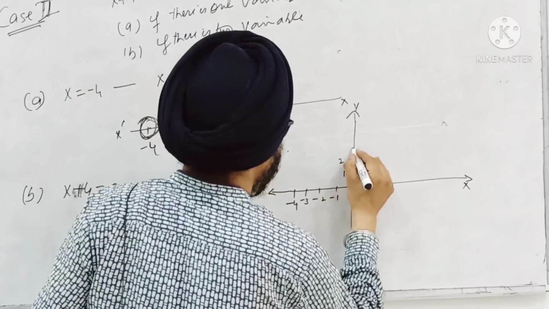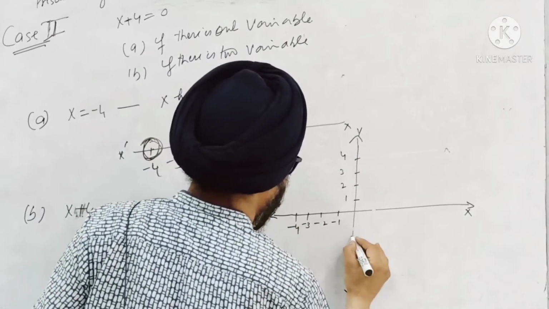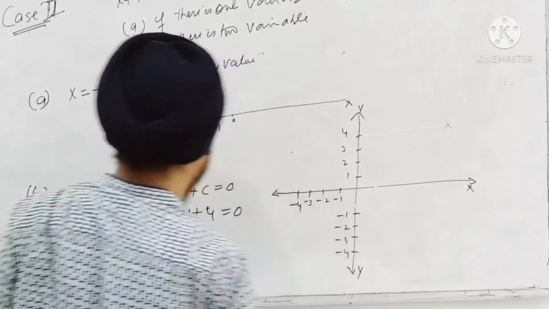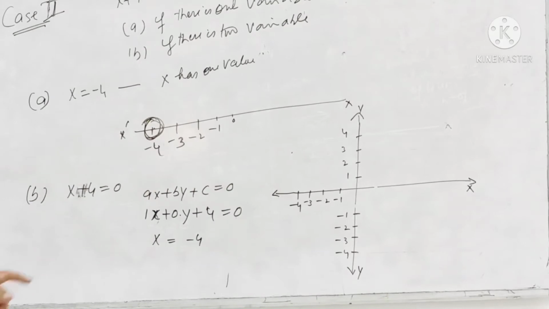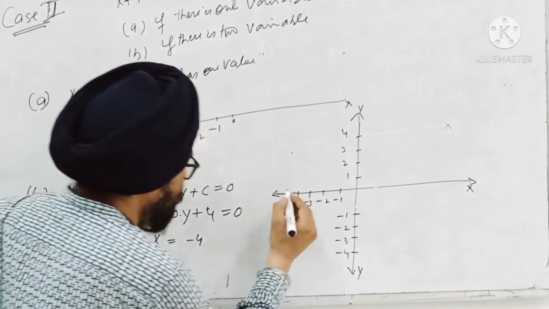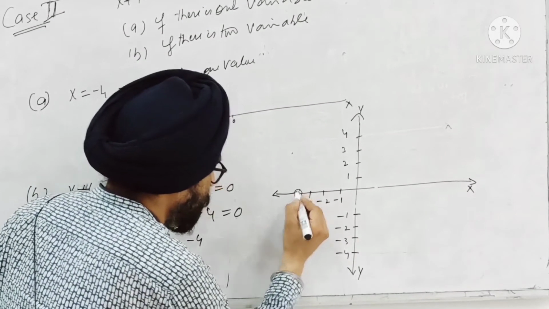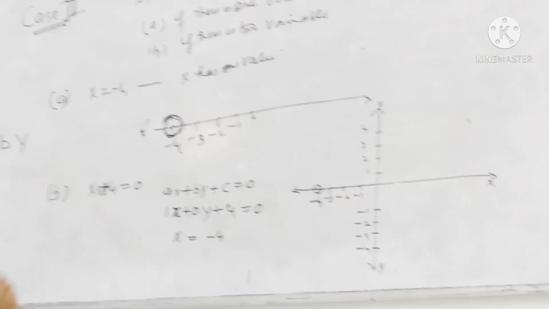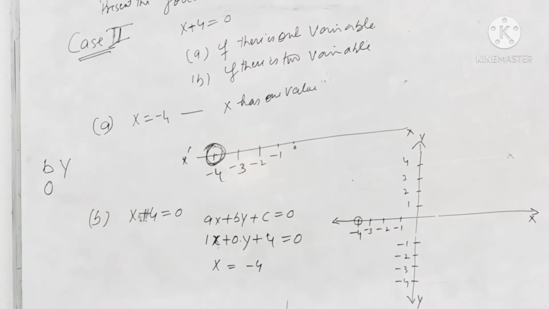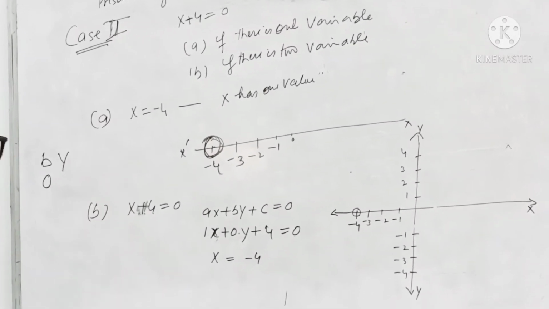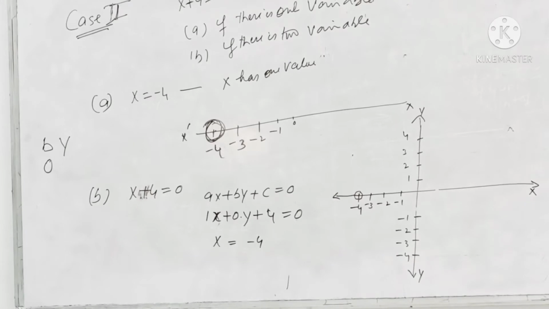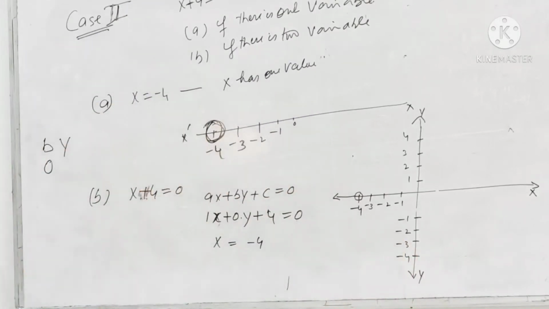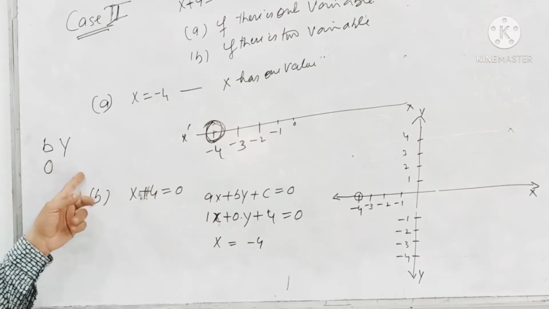One, two, three, four. -1, -2, -3, -4. Here the x is -4. This is the point here. b is 0, but y is not given. y may be 1, maybe 2, maybe 3, maybe -1, maybe -2, 3, 4, infinite. We don't know the value of y here.